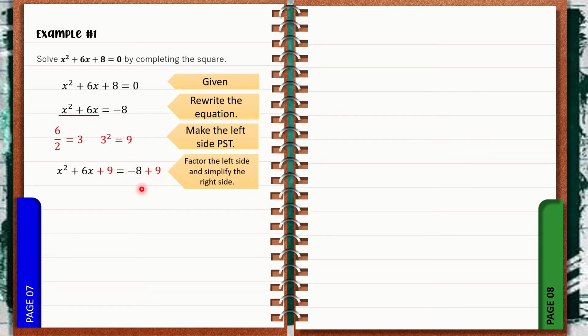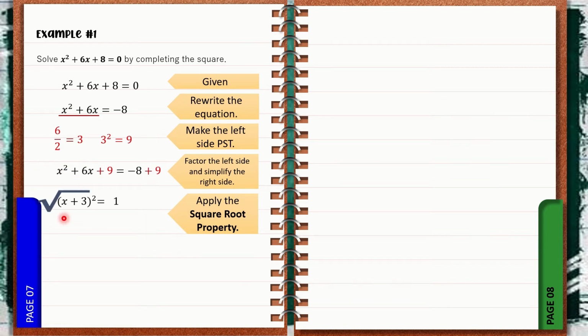So, this time, we need to factor the left side and simplify the right side. The factor of this one will be the root of x squared and the root of 9. So, we will have x plus 3 squared is equal to negative 8 plus 9, which is positive 1. So, this time, we will now apply the square root property.